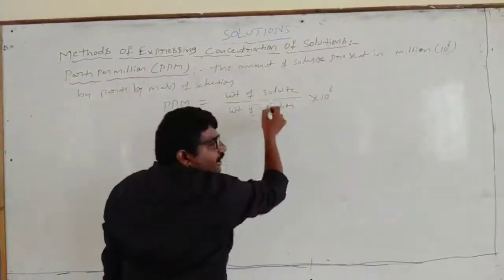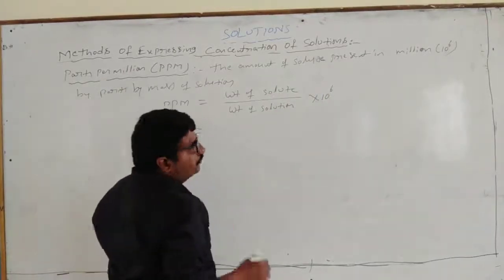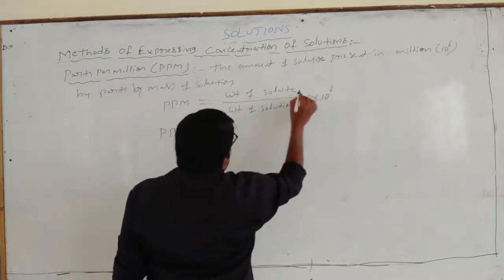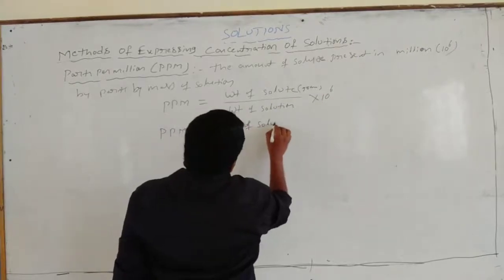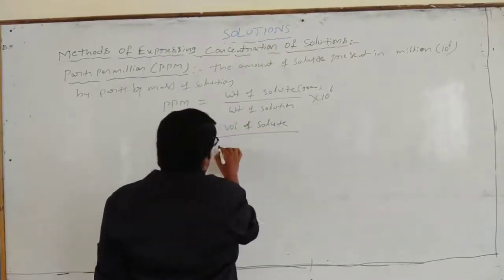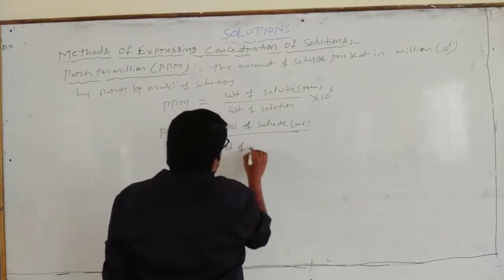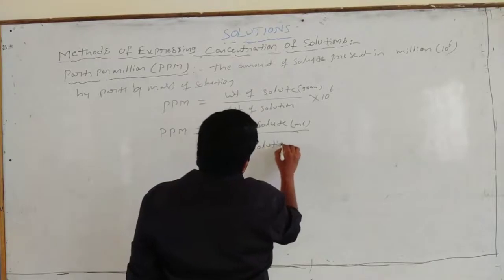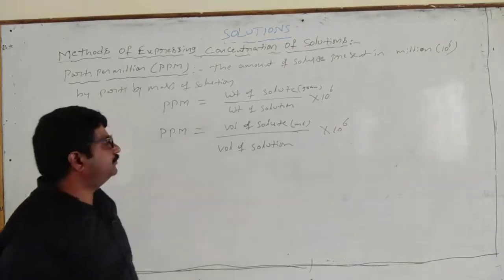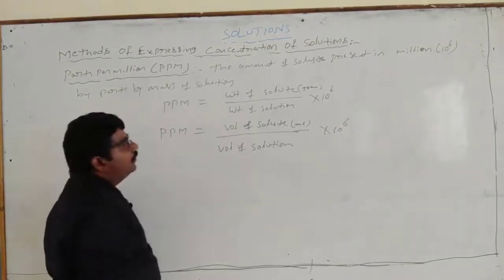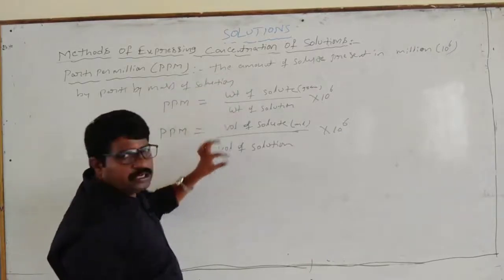That is weight to weight. In terms of volume, ppm is the volume of solute in ml divided by the volume of solution, multiplied by 10 to the power of 6.